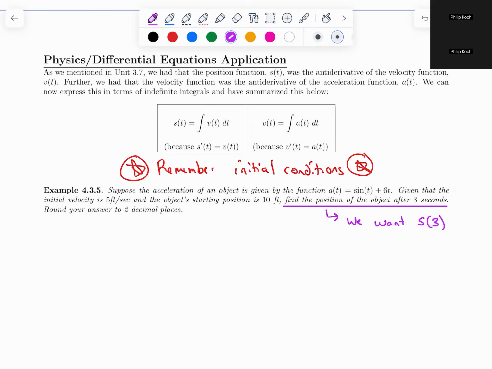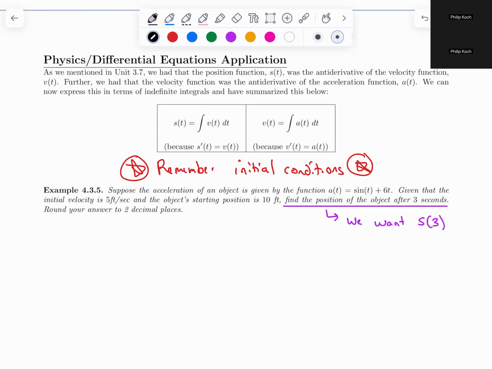But now we realize what's standing in our way. We were given a of t. Well, that's not a problem. If we take the antiderivative of a of t, we get v of t. The antiderivative of acceleration is velocity, and the antiderivative of velocity is position. So we just need to do that twice.